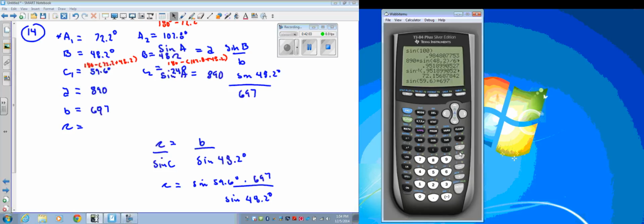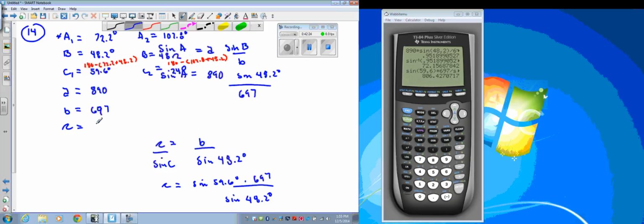And then divide by sine of 48.2. So that's 806.4.